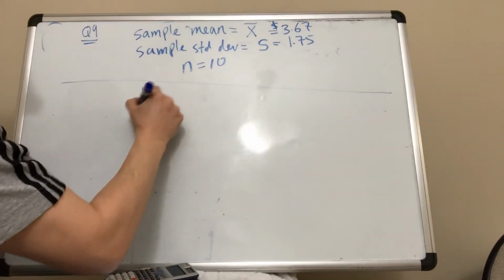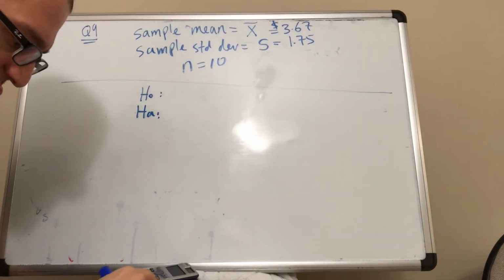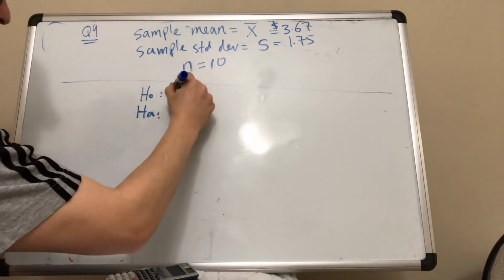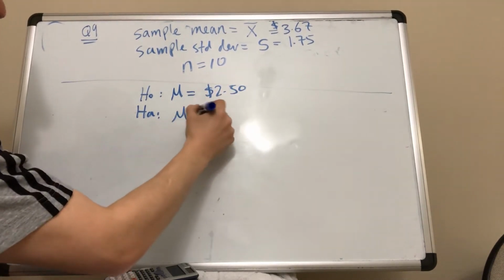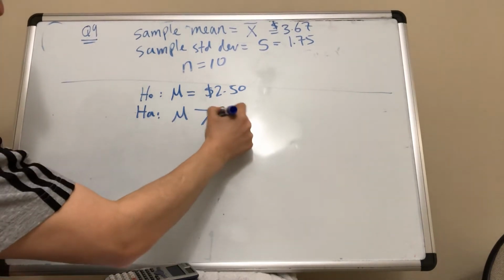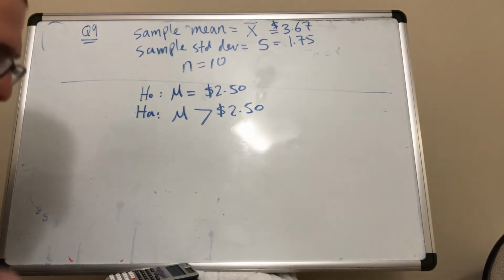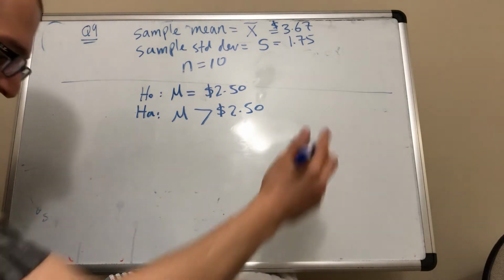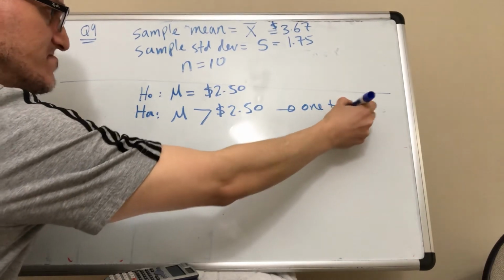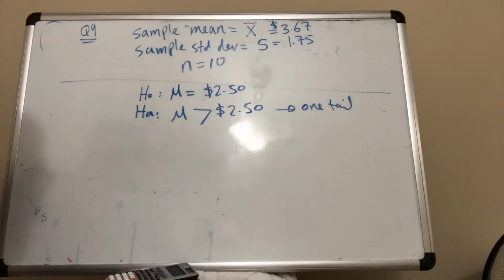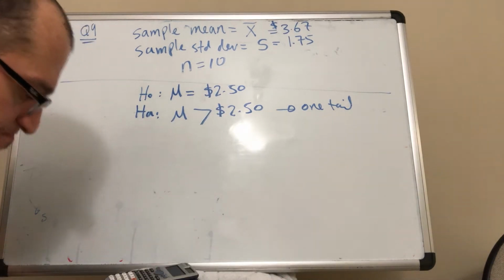Hypothesis H0: it's one average, so you say mu equals $2.50 compared to the alternative, mu greater than 2.50. They want you to say mu because it's one average system. This indicates one tail. Again, more is one tail, less is one tail, not equal is the only time it's two tail.